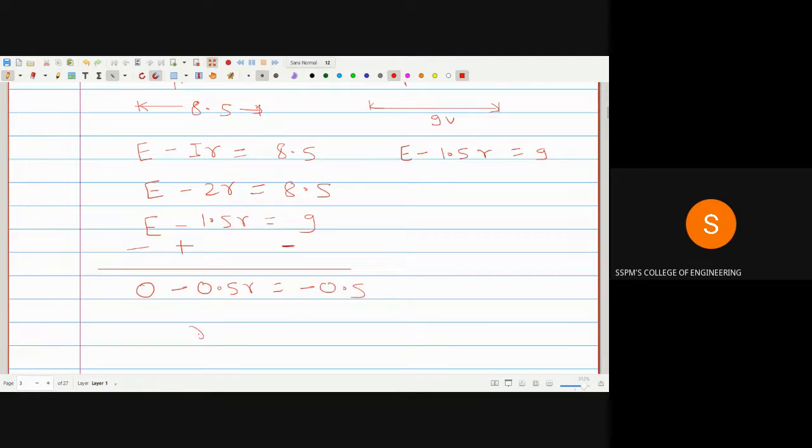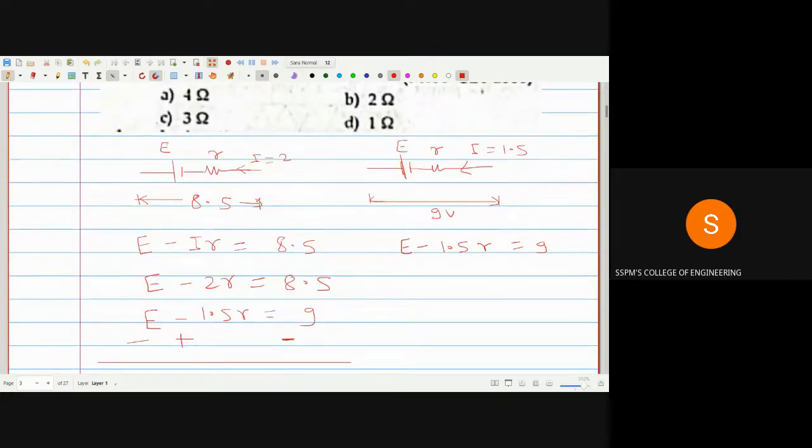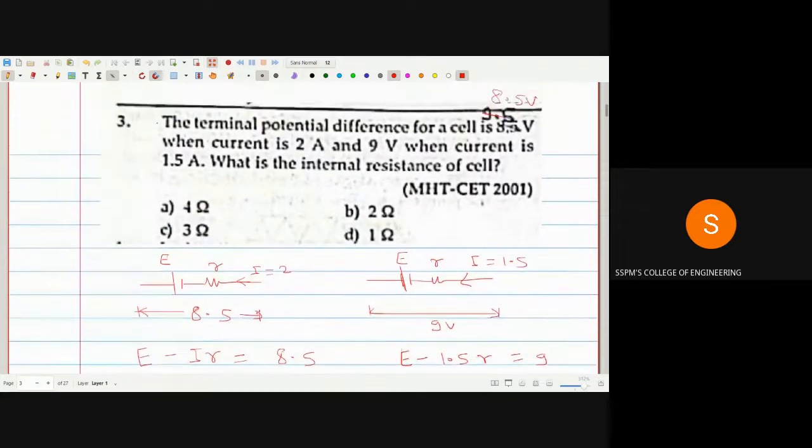So what is R? R is equal to minus 0.5 divided by minus 0.5 is equal to 1 ohm. So answer is R is equal to 1 ohm. What is the internal resistance of the source? R is equal to 1 ohm. So what is the correct answer? The correct option is D. So in this way you can apply KVL for solving this example.